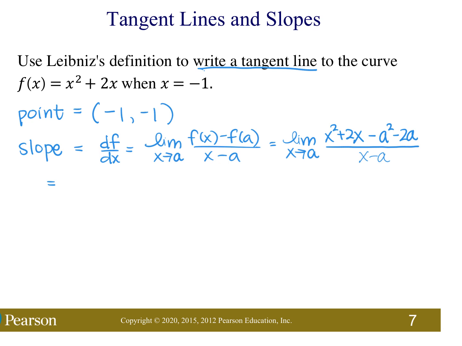To factor this, you want all the squared things closest to each other. So I would suggest you reorder this so that you have x squared minus a squared near each other. Put those first. And then put the plus 2x and the minus 2a next.